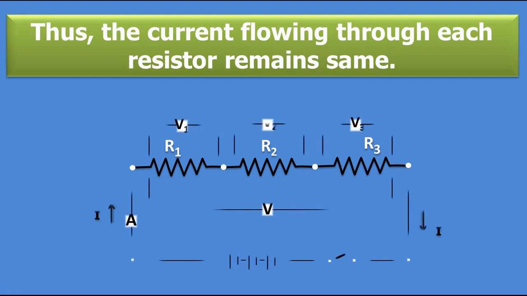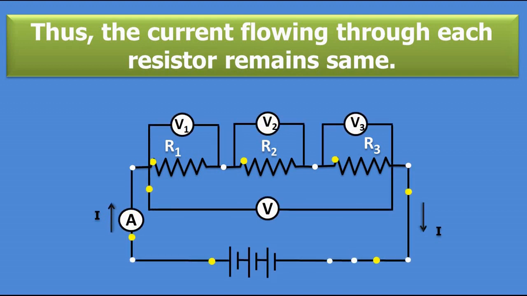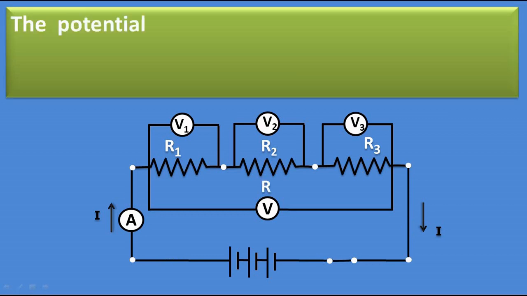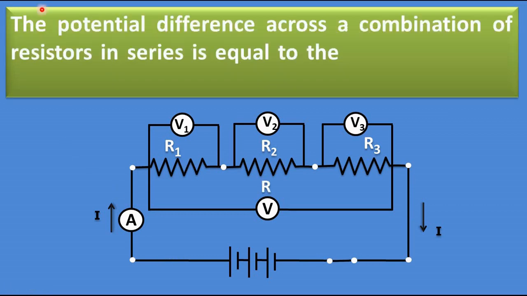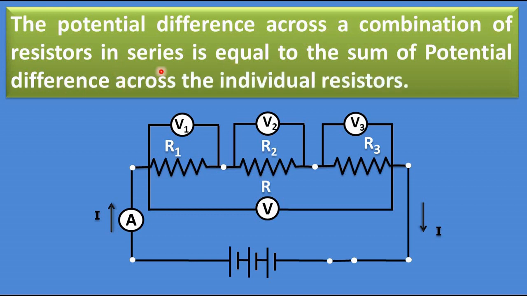Let us complete the circuit and switch it on. Here in this circuit, the current I is flowing through R1, R2 and R3. The potential difference across a combination of resistors in series is equal to the sum of the potential differences across the individual resistors.